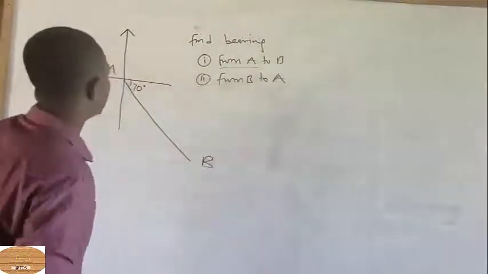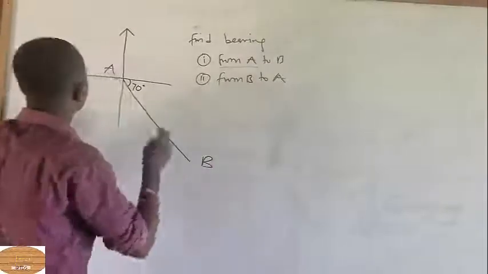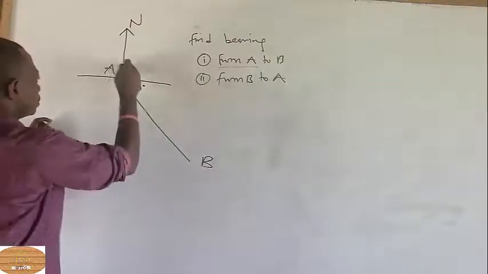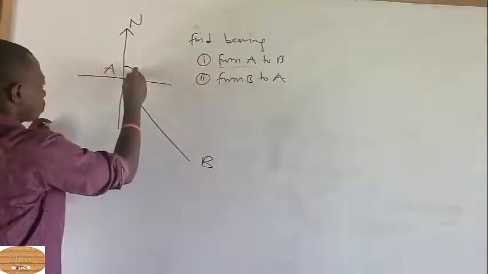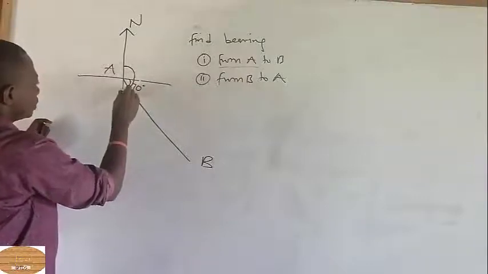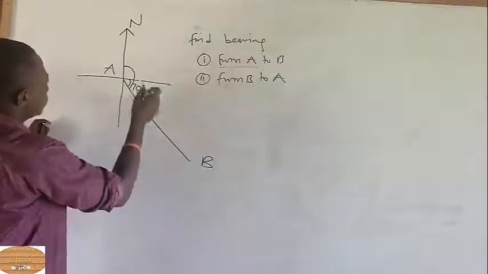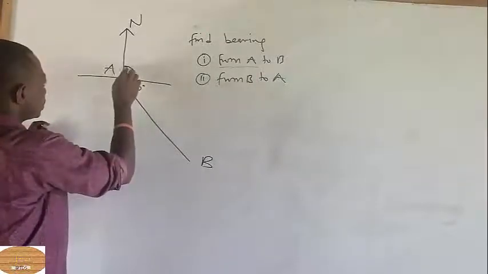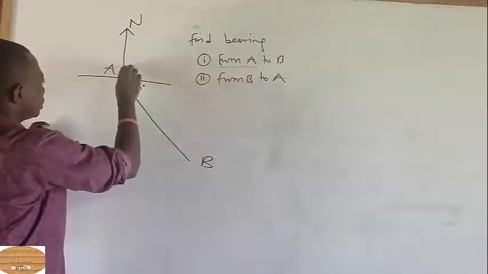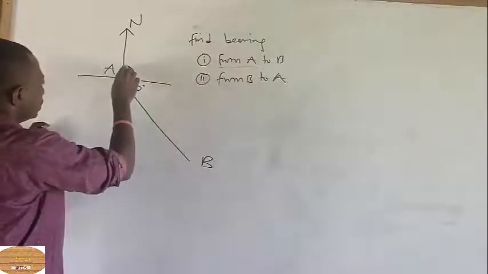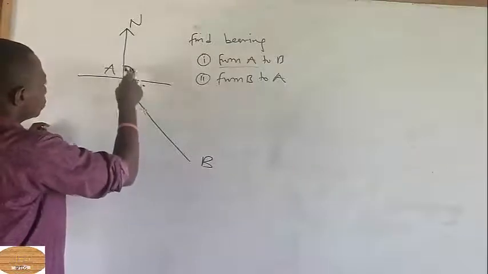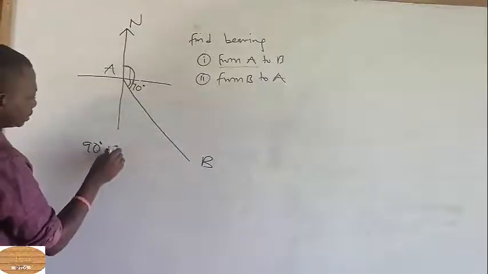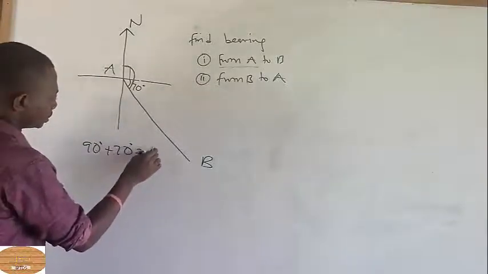So from A to B, we are going to start from the north. This one is our north. We start from the north, then we move clockwise to join B. This is the line B. We have this angle to be 70, and we know this one will give us 90. So from this side to this, we have 90 plus this 70, which is straight away 160 degrees.